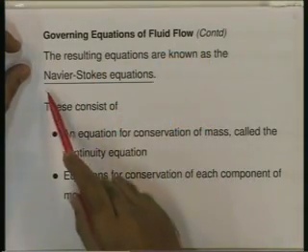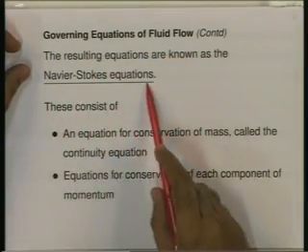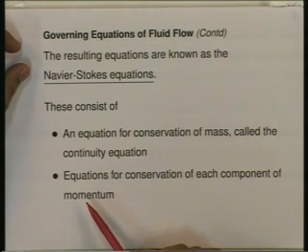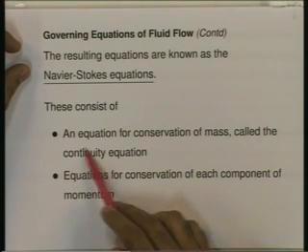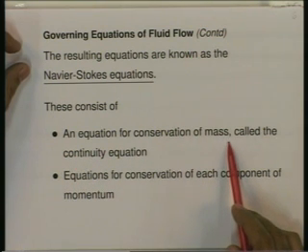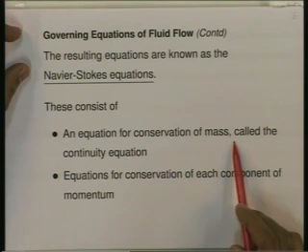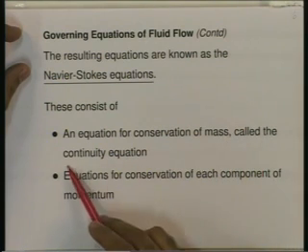When we apply conservation of mass and conservation of momentum along with the Stokes relations to the flow of fluid, the resulting differential equations are known as the Navier-Stokes equations. These equations consist of an equation for conservation of mass. This equation is usually called the continuity equation.